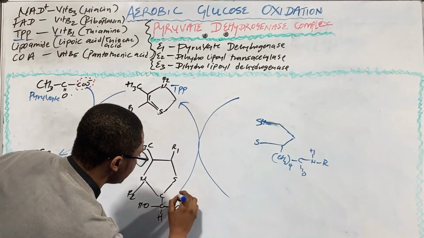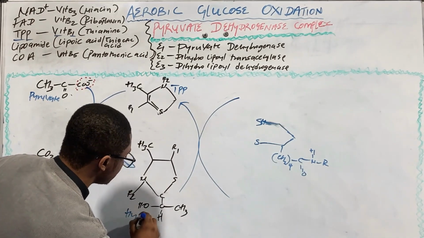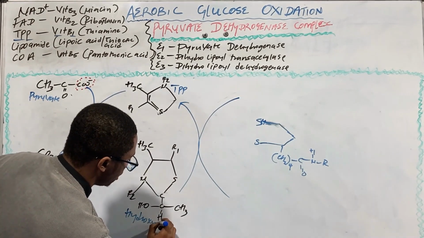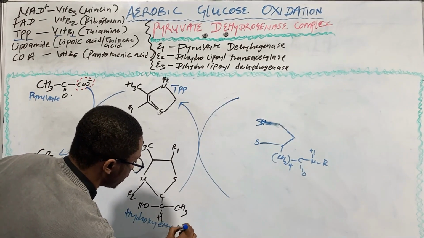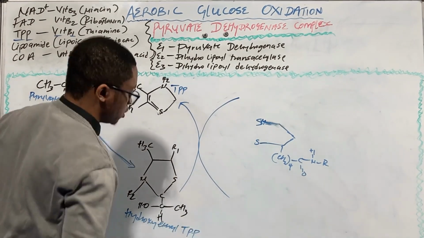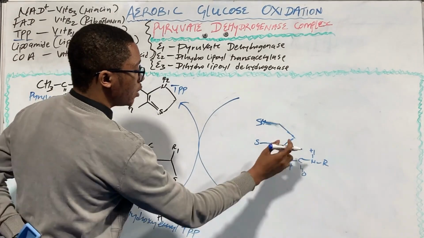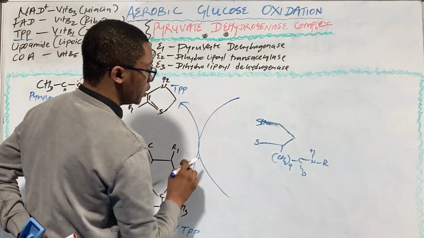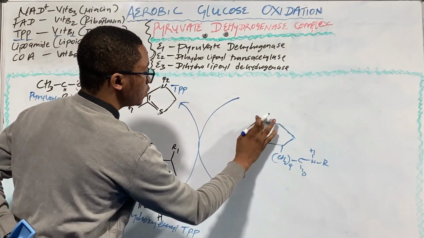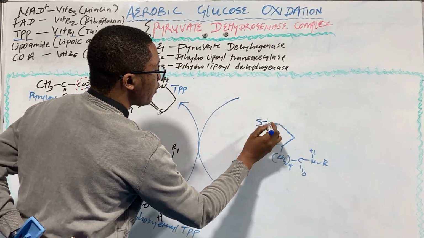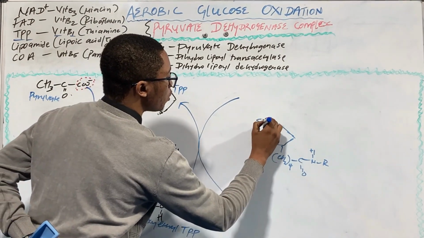Let me quickly label that now as hydroxyethyl thiamine pyrophosphate. So reacting with this lipoamide, it breaks the disulfide bond, and a thiol group is formed.